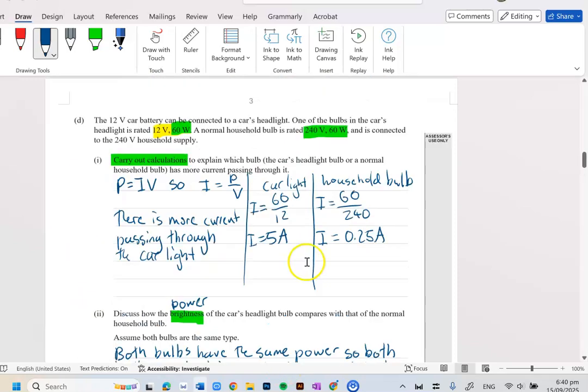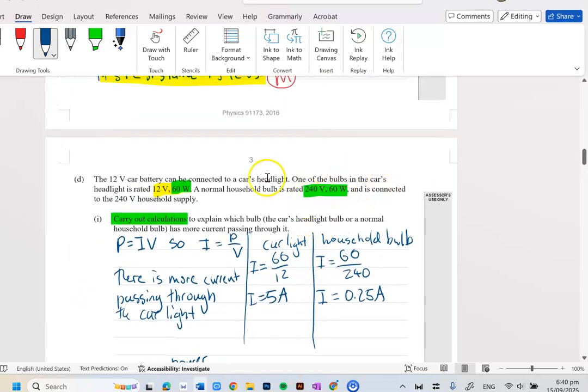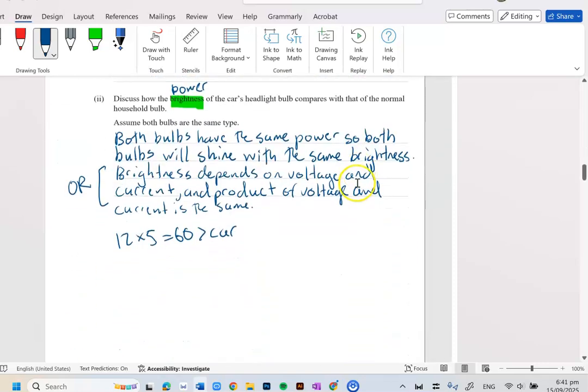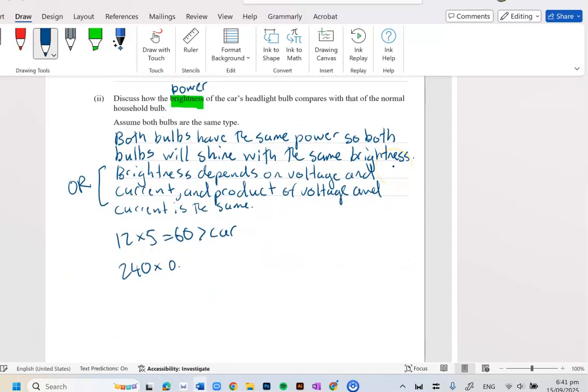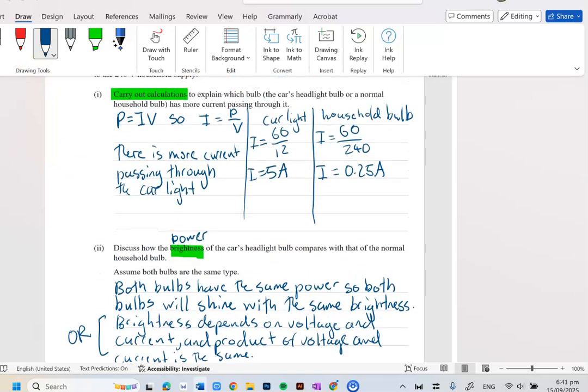And we can see the voltage of the household is 240. And the current is 0.25. And that also gives 60. So these two are the same. Same. Okay, that's that question done.